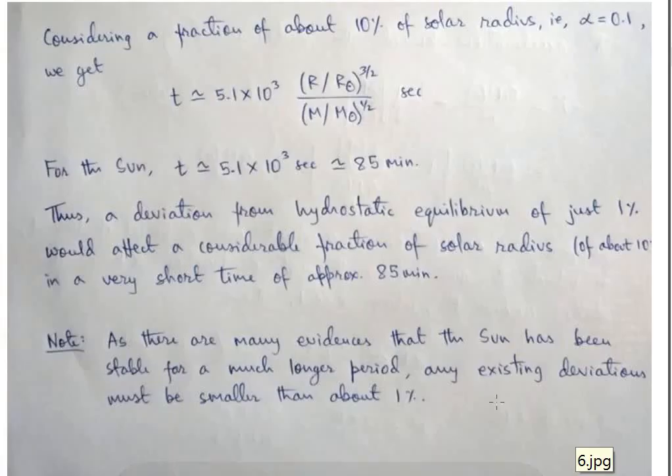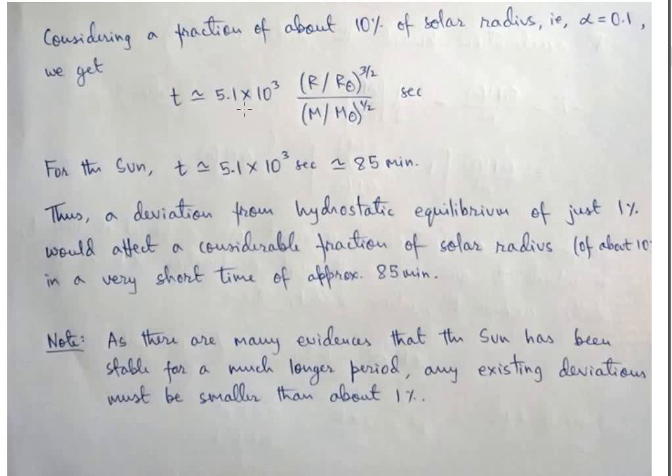And so what's the consequence? Considering a fraction of about 10% of the solar radius, suppose the mass fragment moves 10%, so alpha is equal to 0.1. Then we get this value of t. For the sun, this entire thing will be 1, R is equal to R solar, M is equal to M solar.